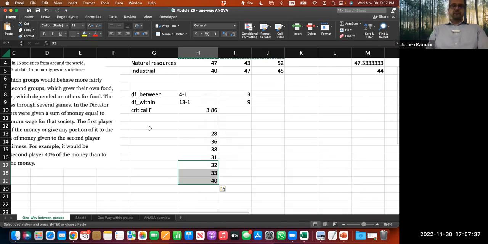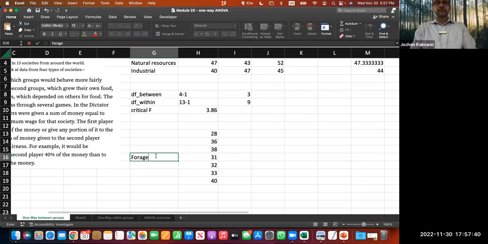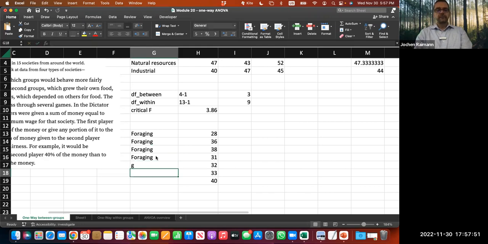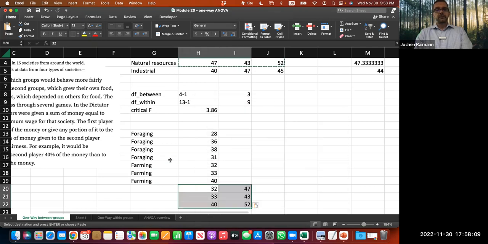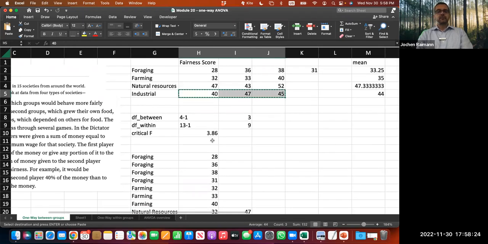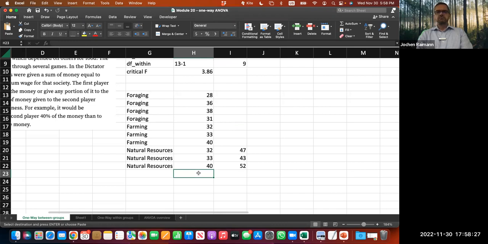You're just bringing it into the same format: foraging, farming, then the last three for natural resources, and then lastly industrial.